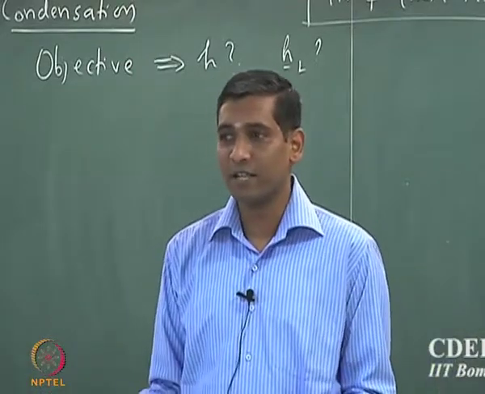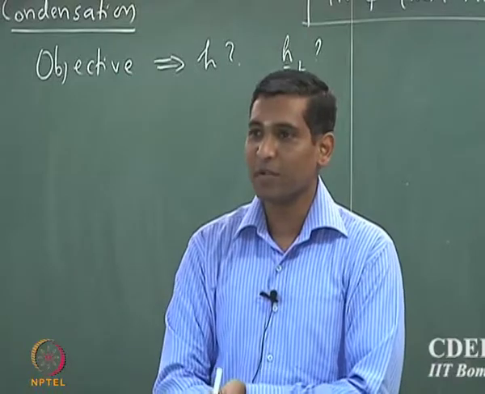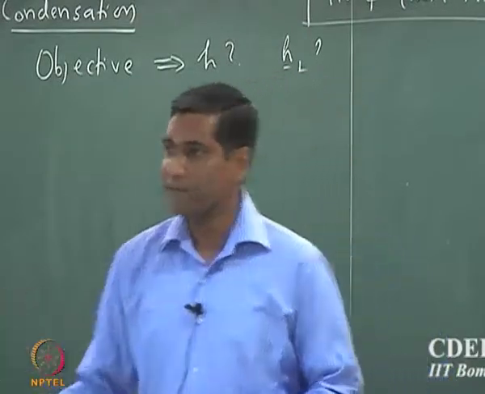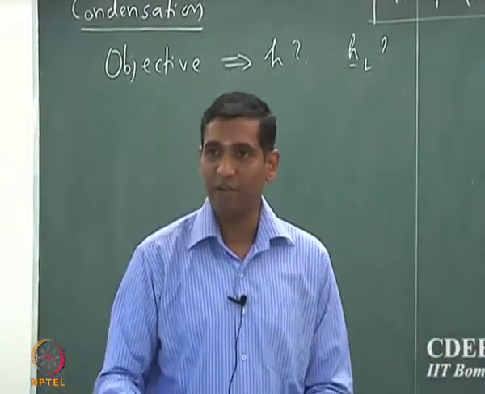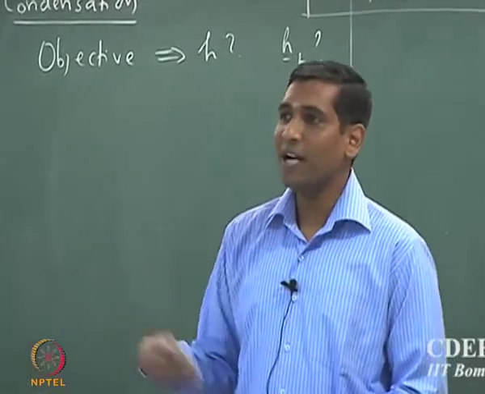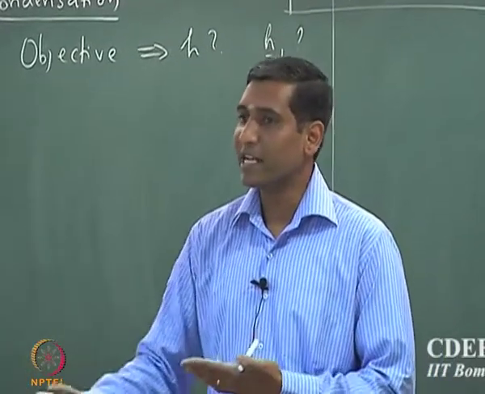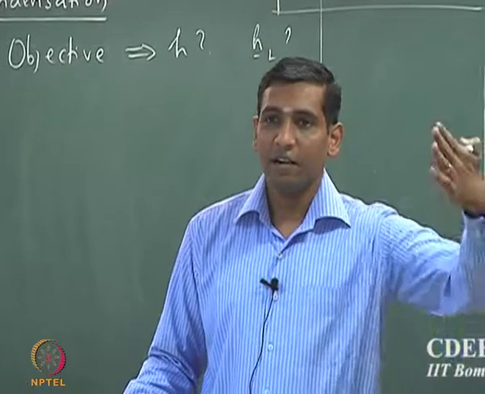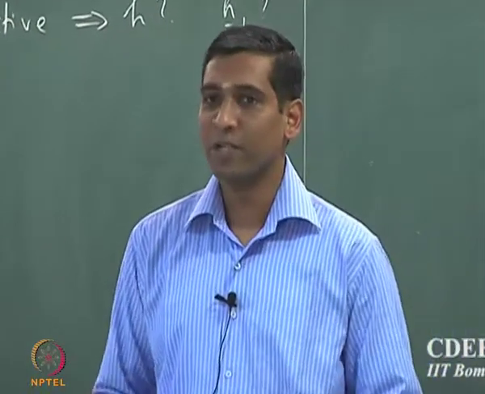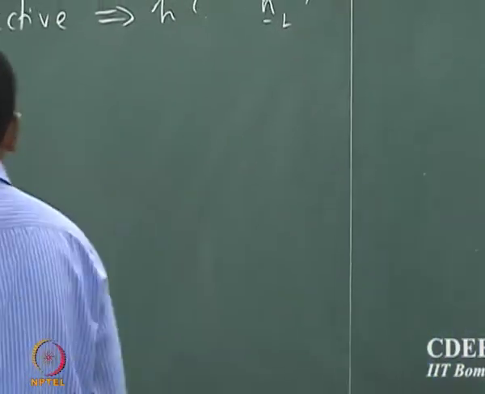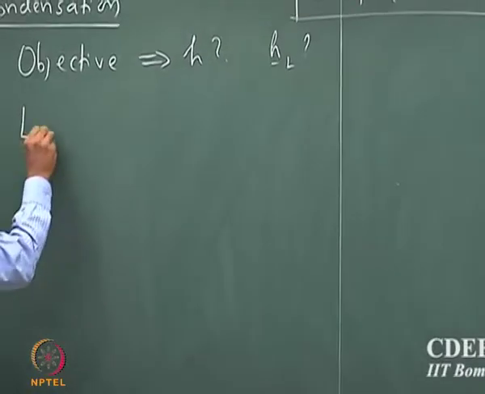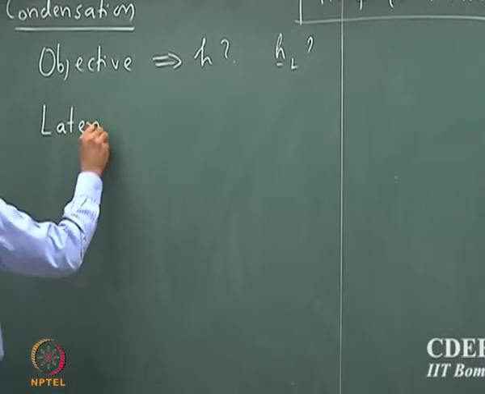What happens in condensation? It is exactly the opposite process, where the fluid is going from vapor to the liquid phase, and while doing that it is also liberating heat which is taken up by the surface or a wall which is present next to it. So, it is the reverse process where the latent heat is liberated.